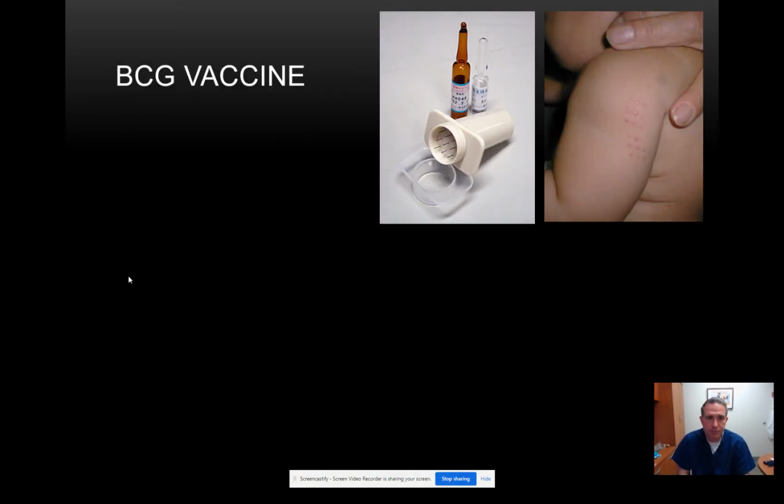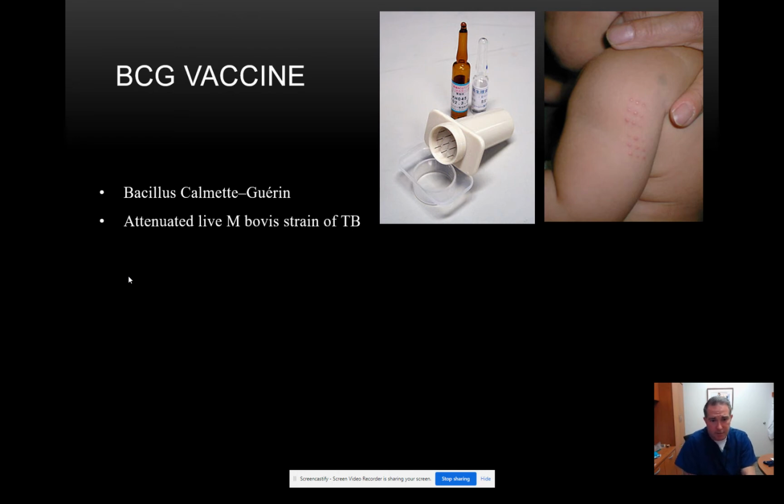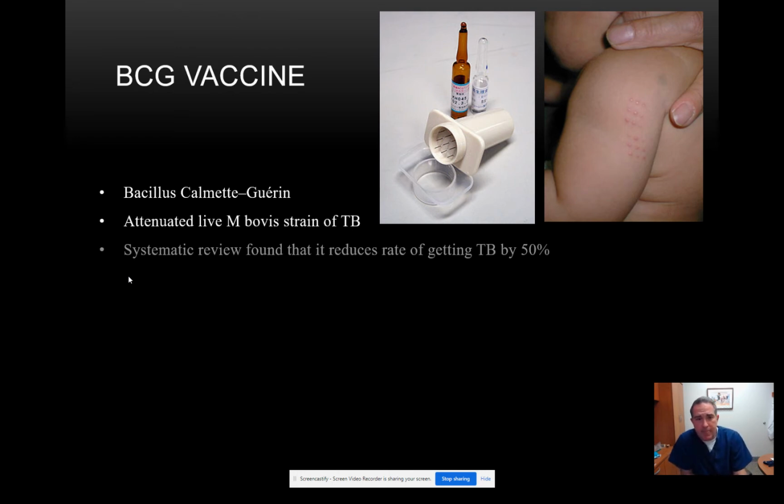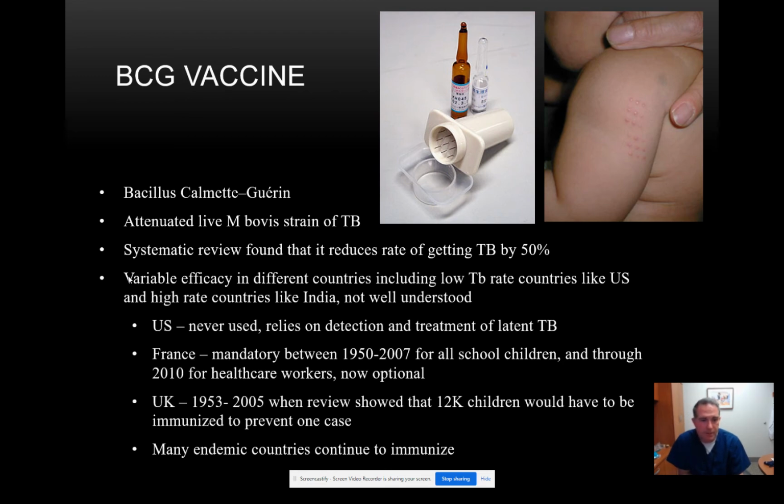The BCG vaccine is Mycobacterium bovis. It reduces the rate of getting TB by about 50%, which is not great compared to the current COVID rate of vaccination. Different countries used it differently. In the US, it was never used because of the rates of TB.